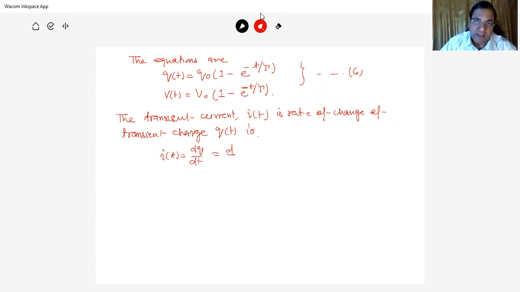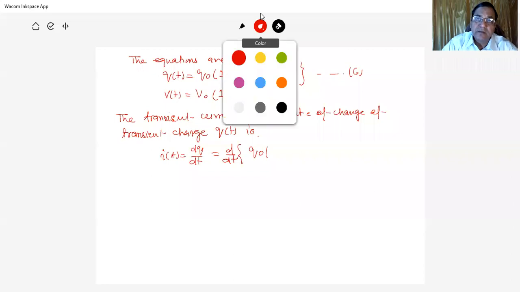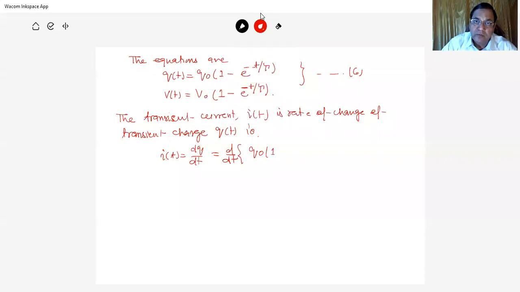So this is d by dt of Q0 (1 minus e raised to the power minus t upon tau).